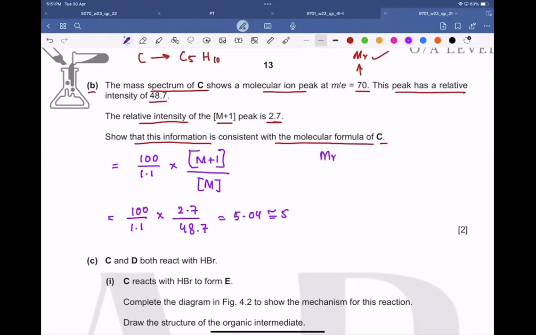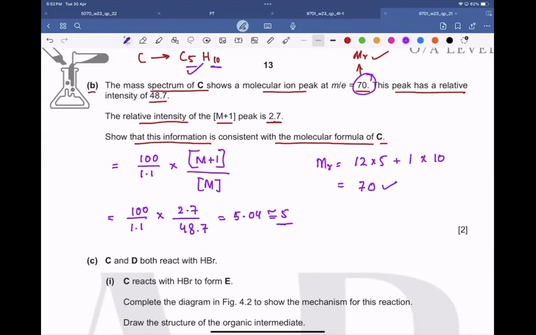Now we have to justify the Mr. We are getting 70, so we have to calculate the Mr. There are 5 carbon atoms, so 12 times 5 plus there are 10 hydrogen atoms, so 1 times 10. That gives me 70 over here. So the Mr is justified with this, and the number of carbon atoms is also justified. Is this clear to all of you?